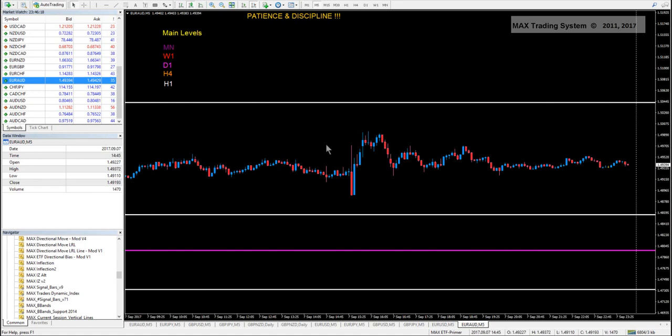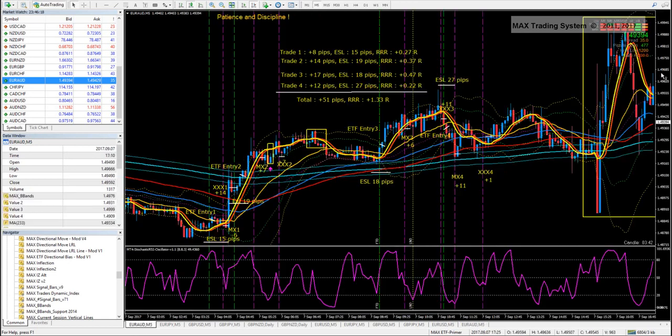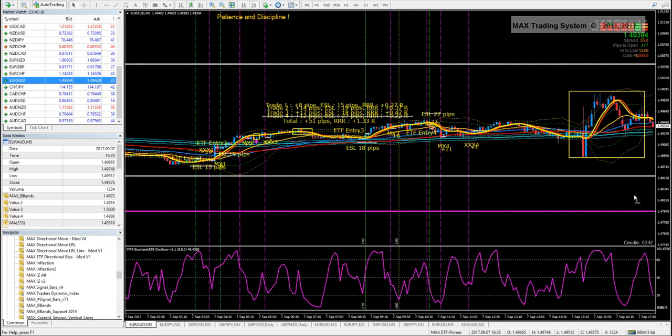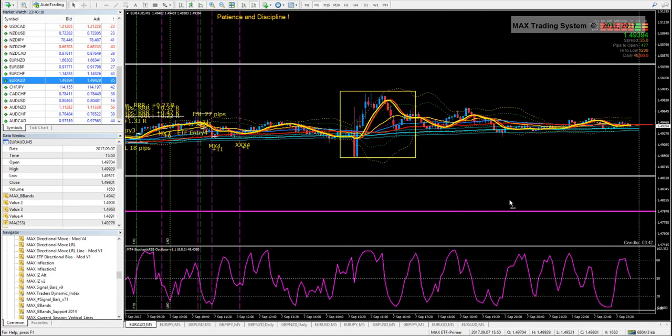I have defined, for example, Control L as the hotkey associated with this level. I pushed the Control L button, and if I come back to the Euro Aussie pair, now we have the levels on the chart. When the price reaches these levels, we have to pay attention.